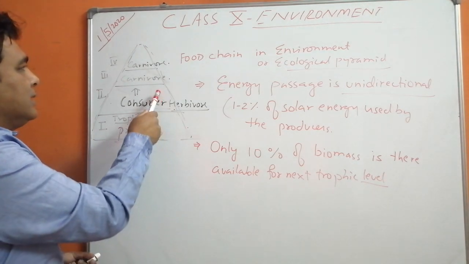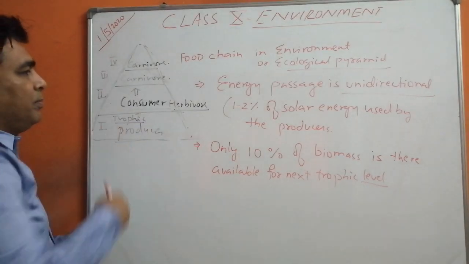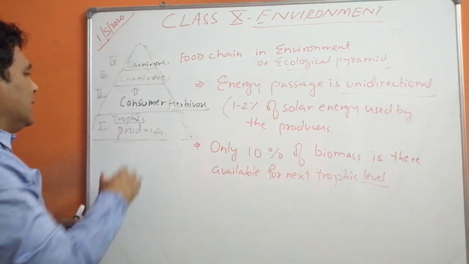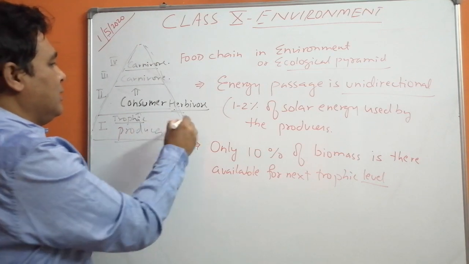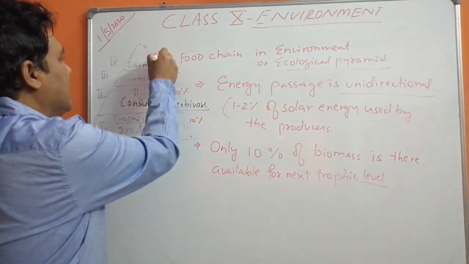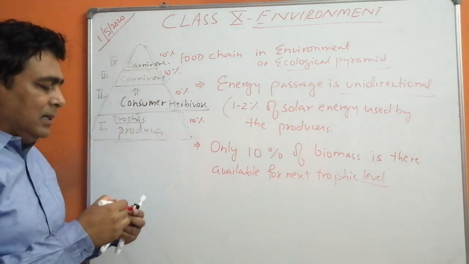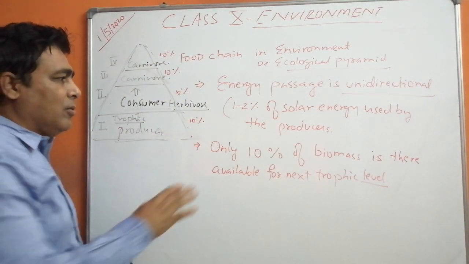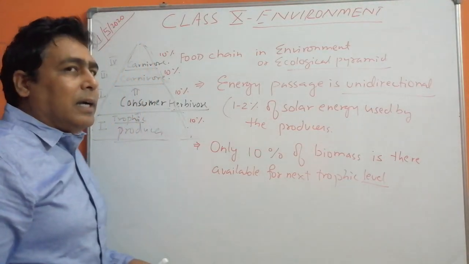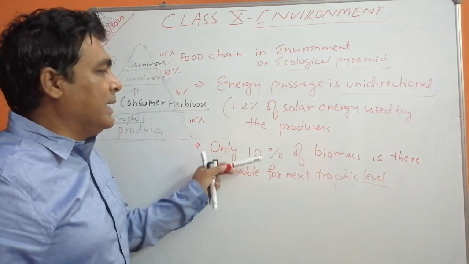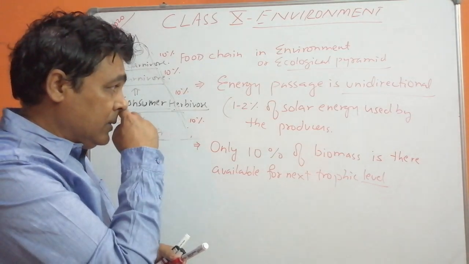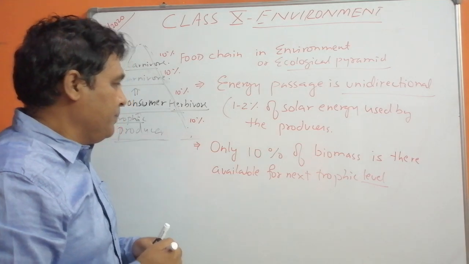So very little energy is available at the top. That is one thing which has been found out. And the second thing is that only 10% of the biomass is available. So it says that only 10% of the things are being used up and they build the body of an organism. Only 10% is now available. Now where do the other things go? So this is also a question.